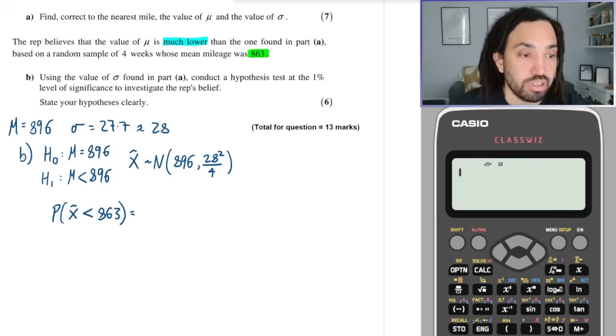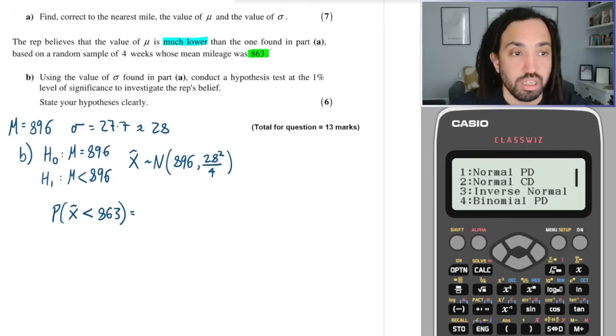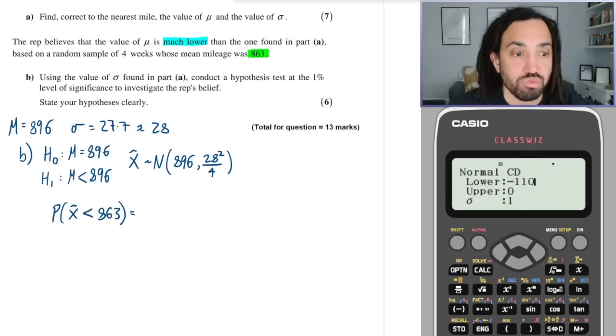So we're going to go to our calculator and go into this distribution, and we're going to go for normal CD. Lower, I always recommend just doing a really big negative number. That will cover off all bases.